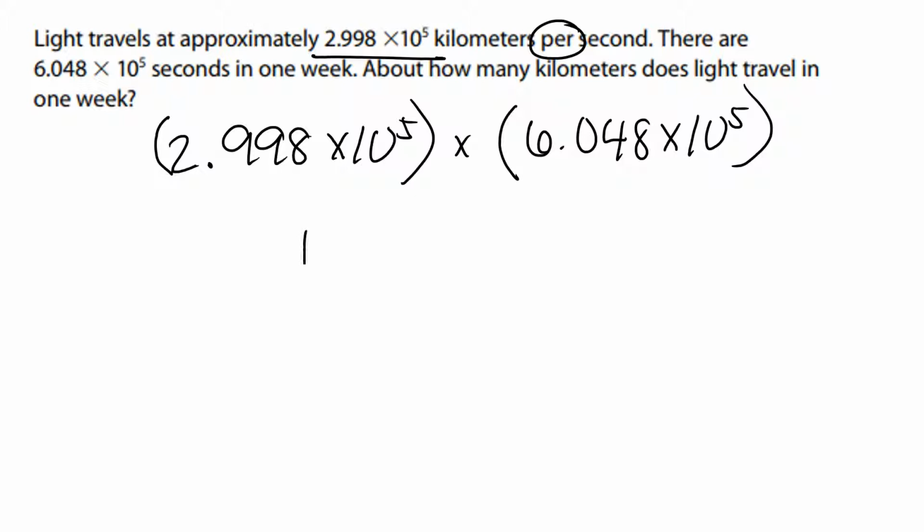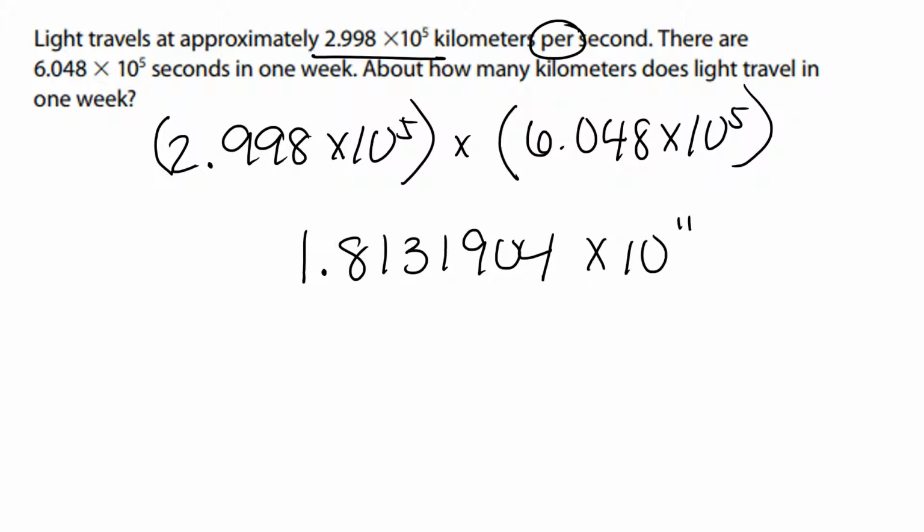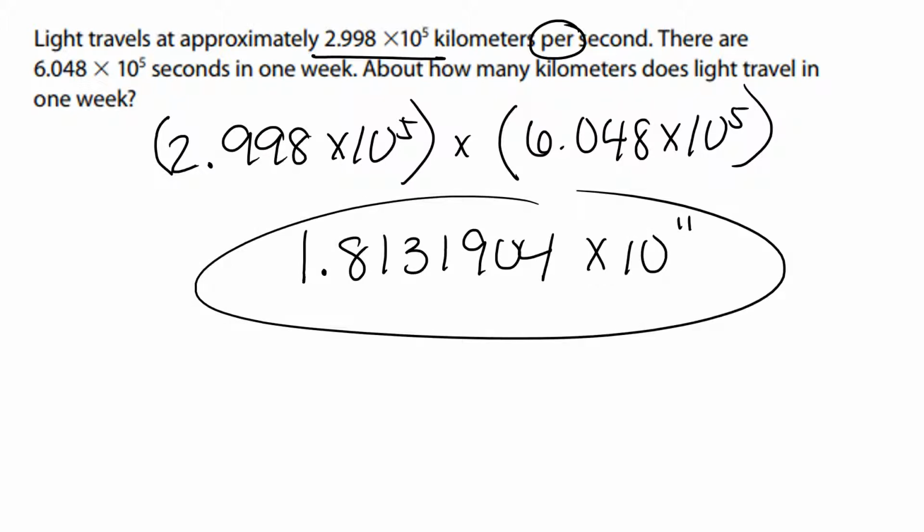When we do that, the calculator gives us the answer of 1.8131904 times 10 to the 11th power. The calculator gave us the answer in scientific notation because the actual answer was too large to fit on the calculator screen. This will sometimes happen, and that is okay.